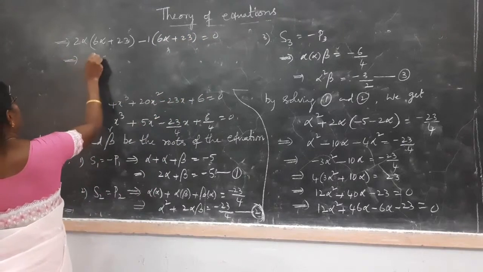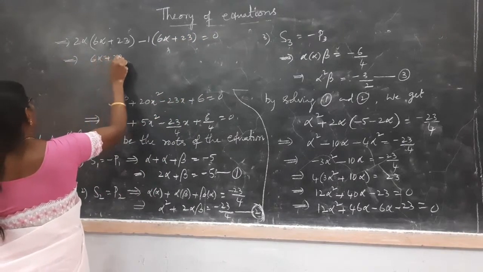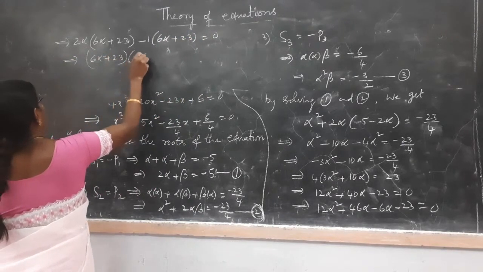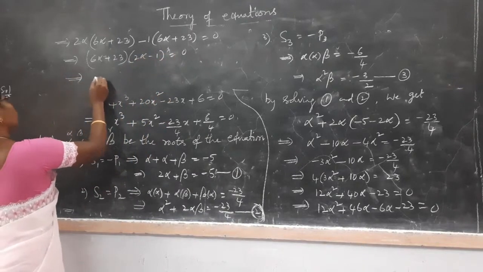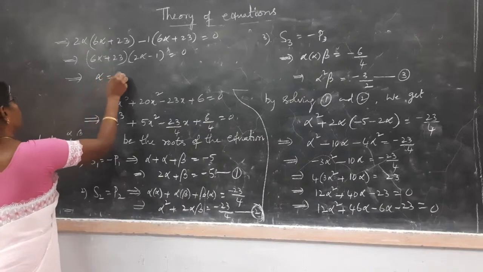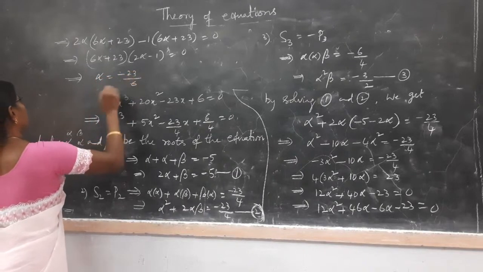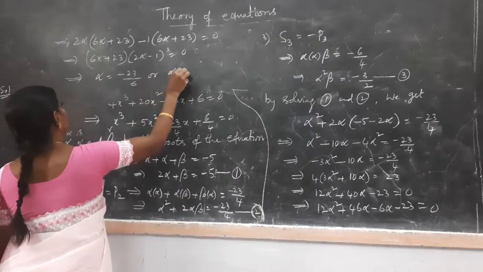This implies 6 alpha plus 23 into 2 alpha minus 1 equal to 0. This implies alpha is equal to minus 23 by 6 or alpha is equal to 1 by 2.